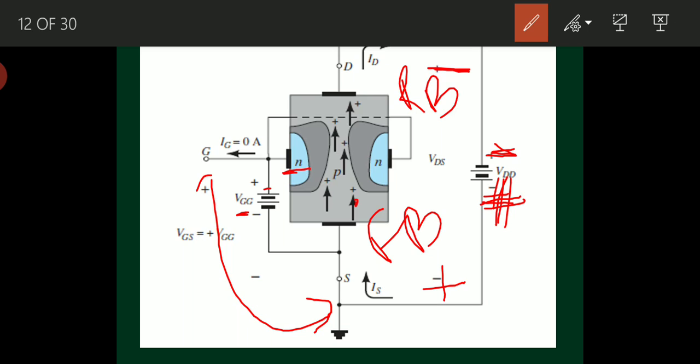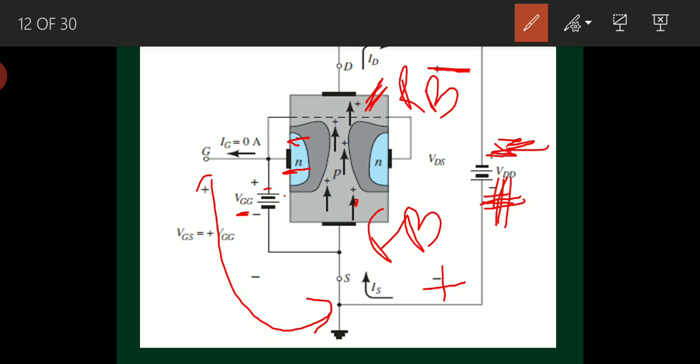So what is happening here? Already this negative terminal is reverse biasing here, and this positive terminal is reverse biasing the gate here. Due to high reverse bias, the depletion region width will increase fast.